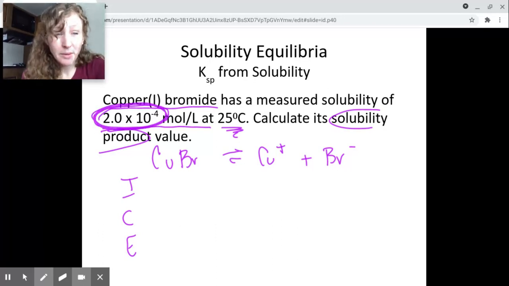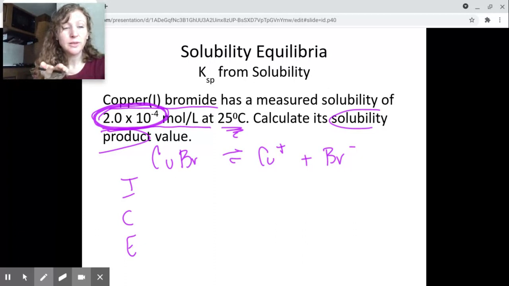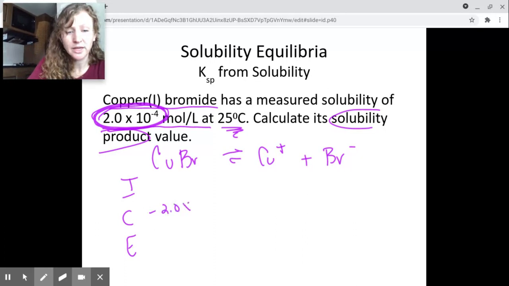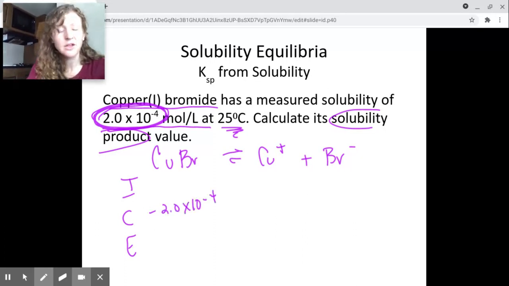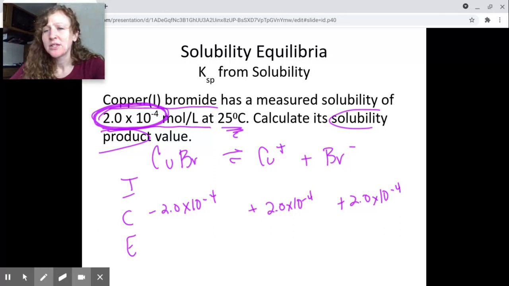Remember, when they tell us the solubility, that's how much of your salt will dissolve. So we're going to lose 2.0 times 10 to the negative 4th moles per liter of our solid, which means we're going to gain 2.0 times 10 to the negative fourth of this, and 2.0 times 10 to the negative fourth of this. Does that make sense?